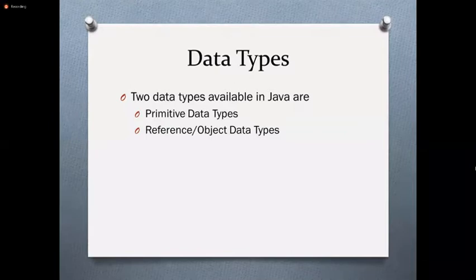Then we'll move on to the next slide, that is about data types. In Java, there are two data types available. One is called the primitive data type, and the other is called the reference or object data type.